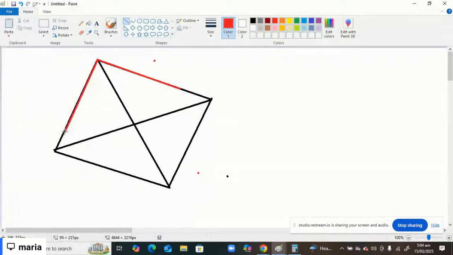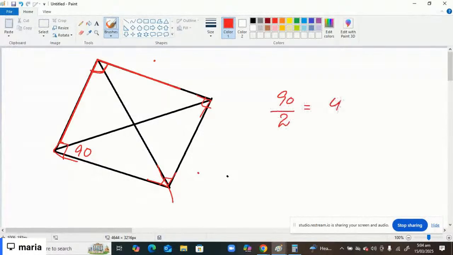The angle in between is 90 degrees, am I right? This one is 90 degrees, this one is also 90 degrees, and this one is also 90 degrees. And here the 90 is cut into 2 halves. When the 90 is cut into 2 halves, that means 90 divided by 2, which is 45.